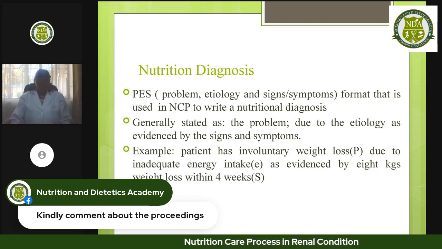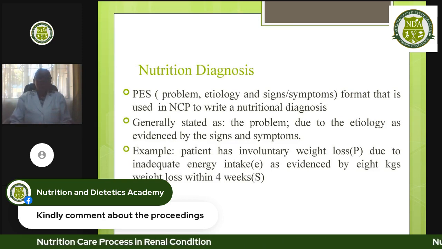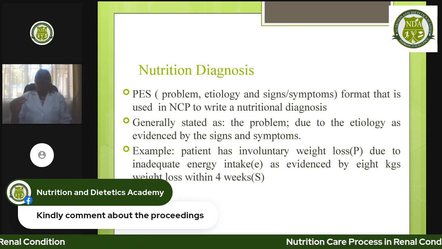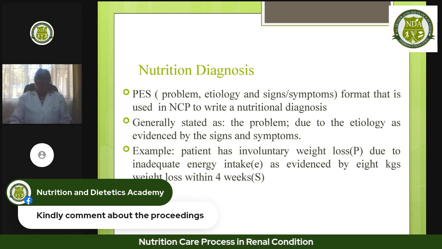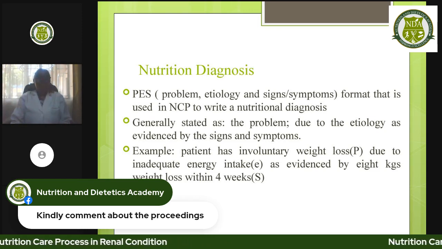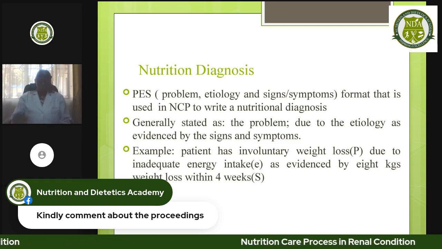By maybe the patient has lost 8 kilos of weight within 4 weeks. So when you're stating your nutrition diagnosis, you want to follow the PES format. You have to state the problem, the cause of that problem, which is the etiology, and any sign or symptom.